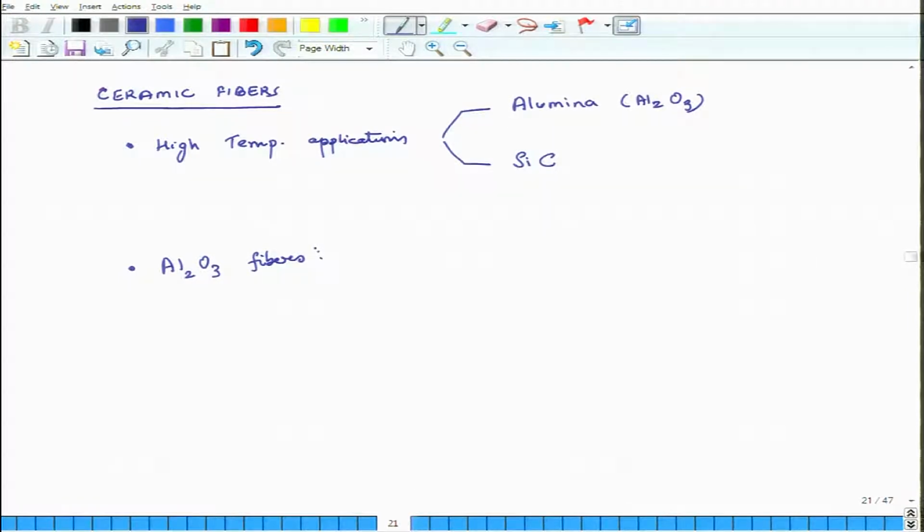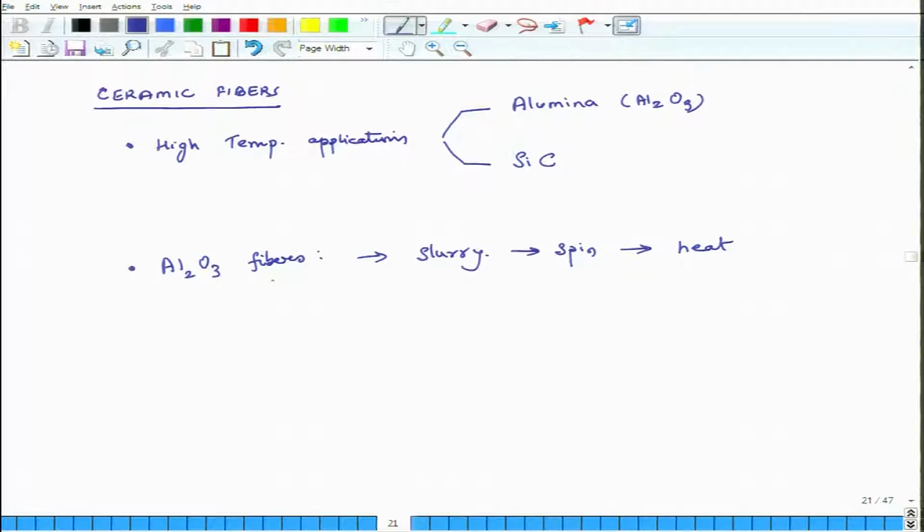So, you have aluminum oxide, and from that you make a slurry. So, you mix it with the water and you make a paste, and through that paste you make a slurry, and then you spin it. You spin it, and then you start getting fibrous shapes, and while you are spinning it into fibrous shapes, you also heat it, and then you get these fibers.